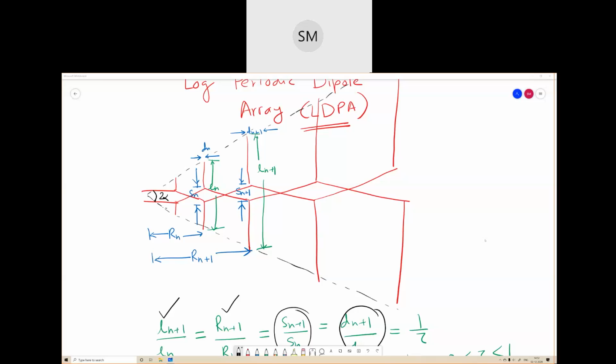Is it clear from the diagram? See how they are connected? That should be obvious from the connection. Is it okay?